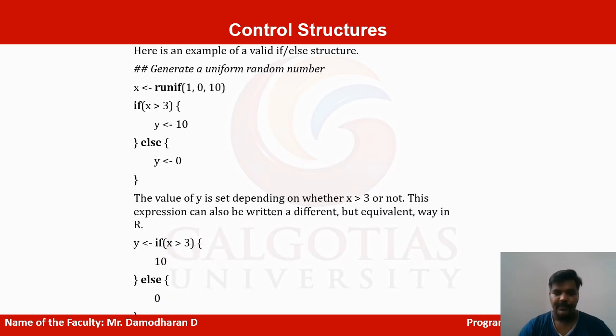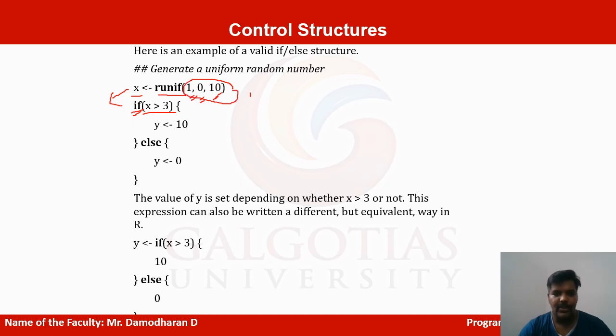Okay, see here this is the example. Now we load the value x. If the value is 1, 0 or 10, that is a value we have to check. If x is greater than 3, we have to check that condition.